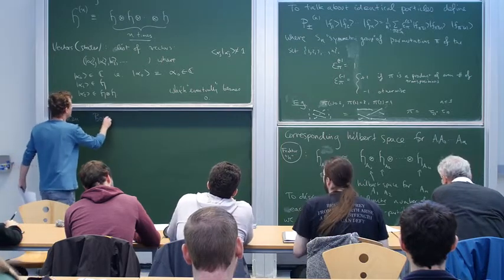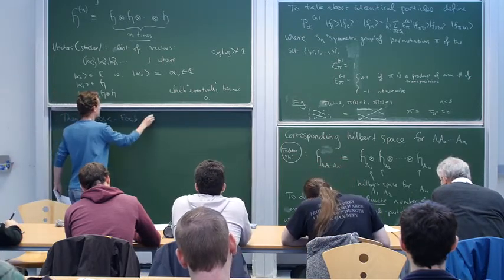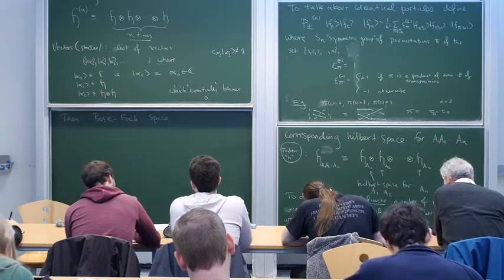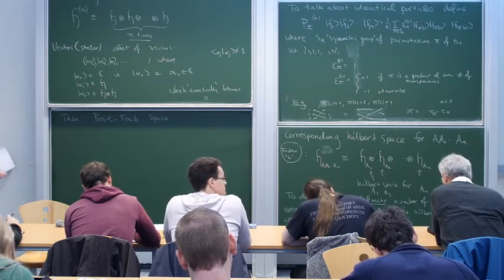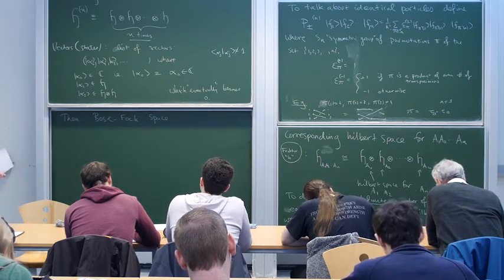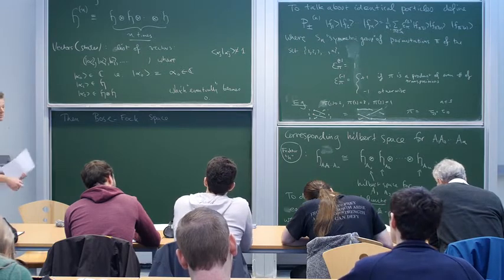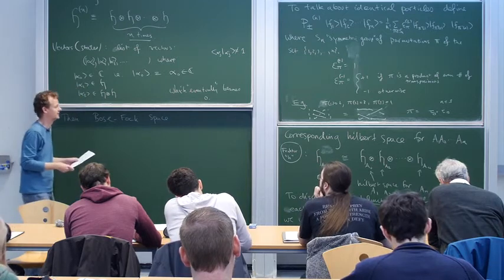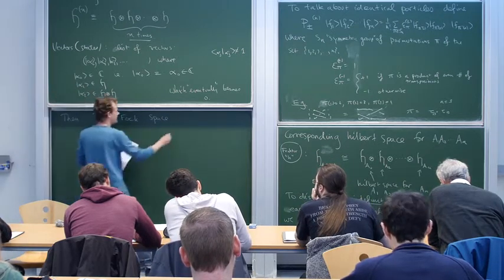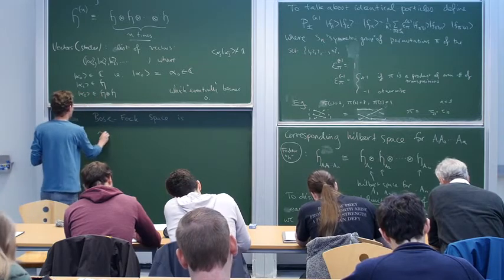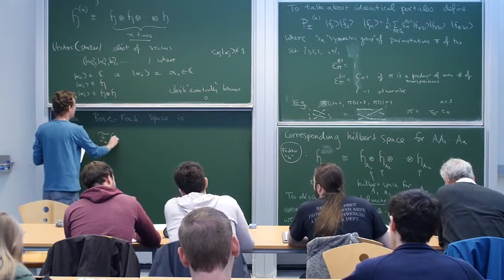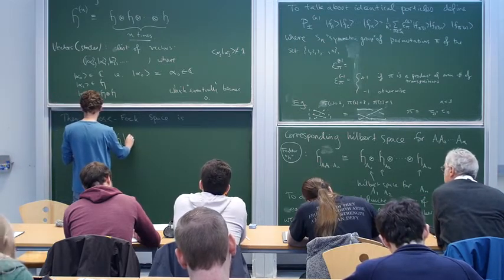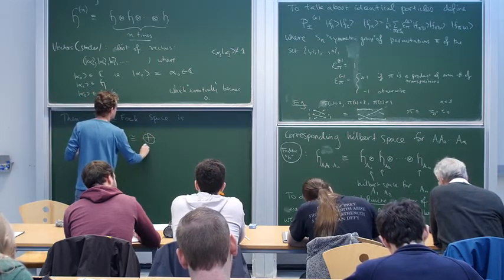So Bose-Fock space. This is now the Hilbert space we're going to attach by definition to a system of an indefinite number of identical particles, each with a single-particle Hilbert space H. We call it F plus of H, and its definition is the infinite direct sum as before.